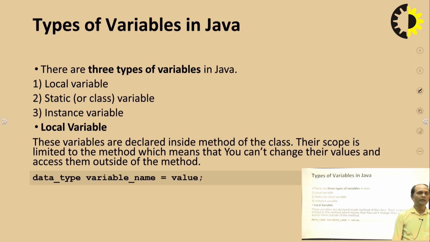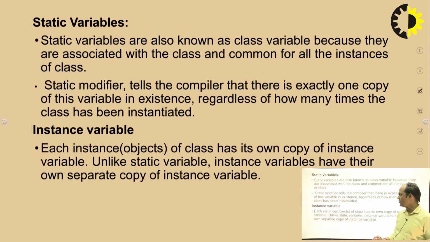Suppose we define a variable in a particular class and we want to use it in another class. This is not allowed in the local variable case. So a local variable can be used only where it is defined. Data type, variable name and value, this is called a local variable.